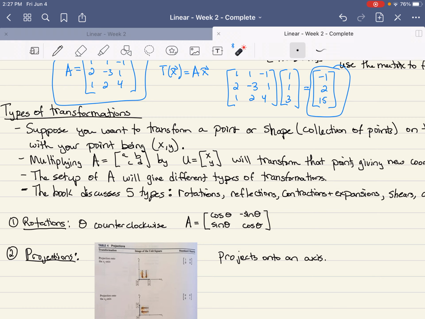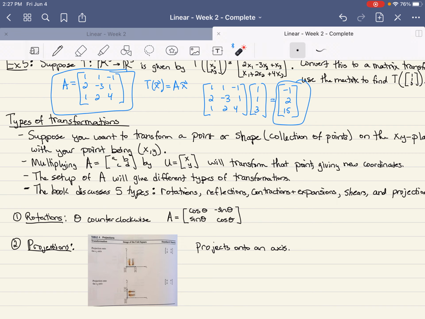And then you take your point and transform it into a vertical matrix like this. This is another way of thinking about a vector. However you want to think about it, it's just a point x, y. And it's going to give you new coordinates when we do this multiplication, A times this vector. And those new points are your transformed points.